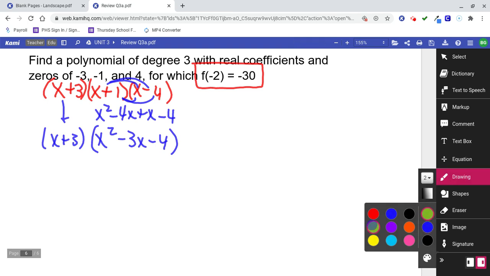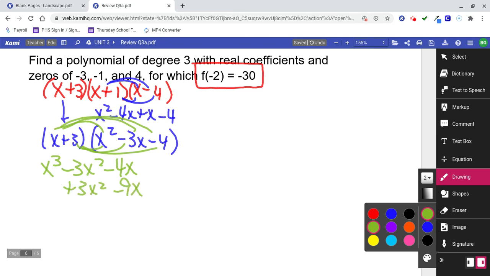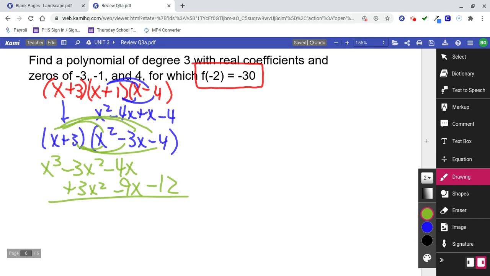So again, distributive property. Combine like terms. X cubed minus 13x minus 12.